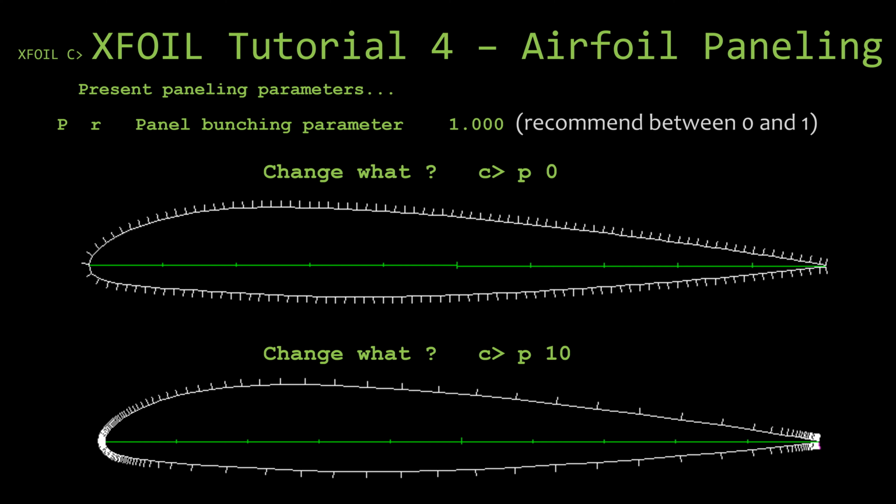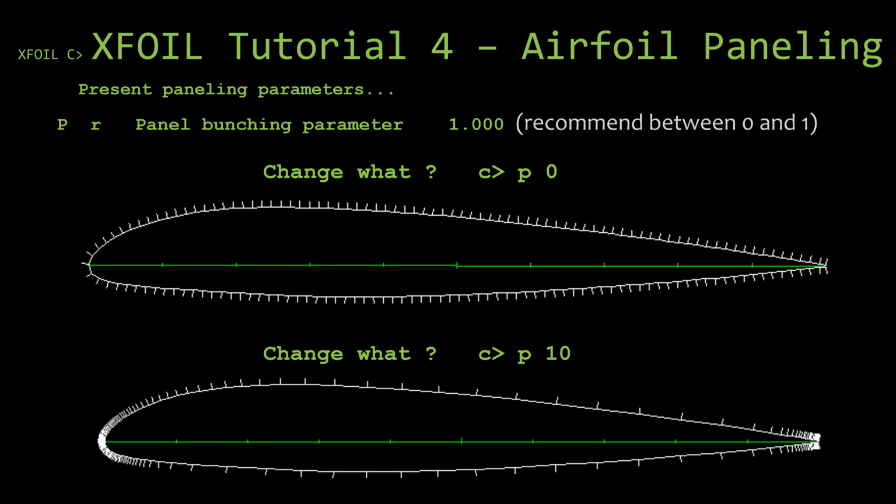So if I change this bunching parameter to a 0, that's telling Xfoil I do not want you to bunch the panels around the areas of highest curvature. So as you can see by the top airfoil, pretty uniform in terms of the size of the panels and the distribution across the airfoil shape.